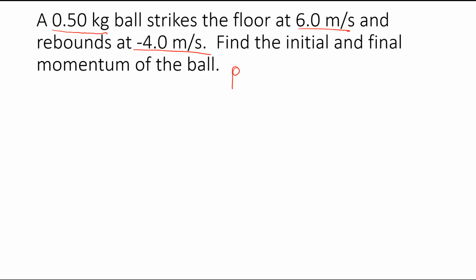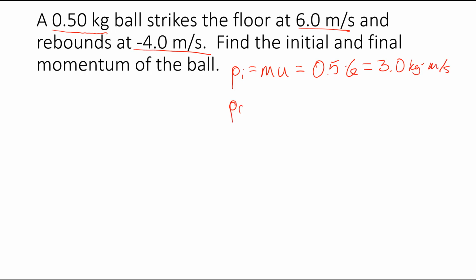So momentum is mv, so that means initial momentum is going to be mass times initial velocity. It's going to be 0.5 times 6, initial velocity was 6, which equals 3.0, and the units are kilograms meters per second.